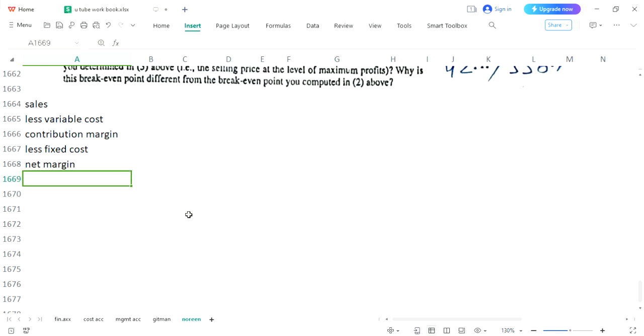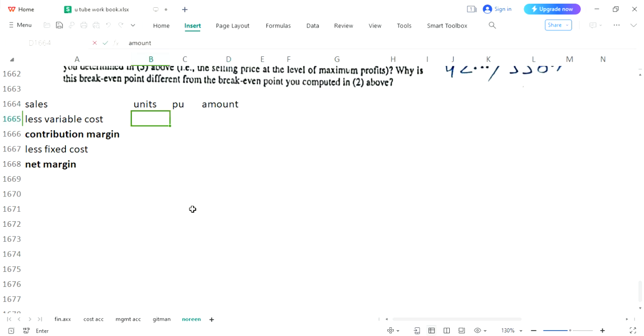These are the inputs of the income statement we have widely used. Here we usually write the number of units, then the per unit amount, and finally we calculate the total amount.